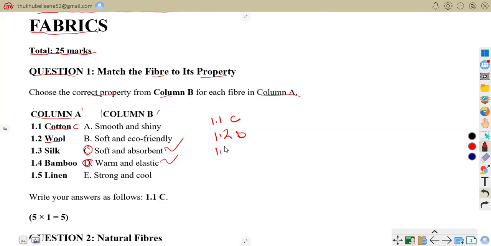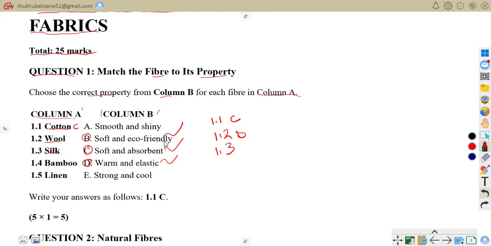Then we come to 1.3, where we're talking about silk. The correct property for silk is B. Silk is soft and eco-friendly. Silk has a smooth texture and naturally shiny appearance.